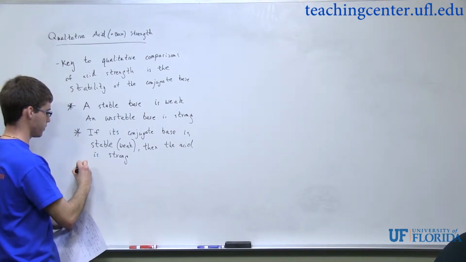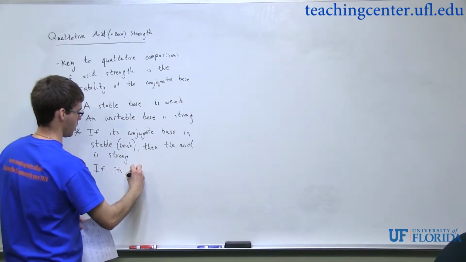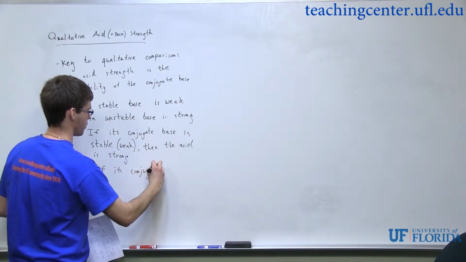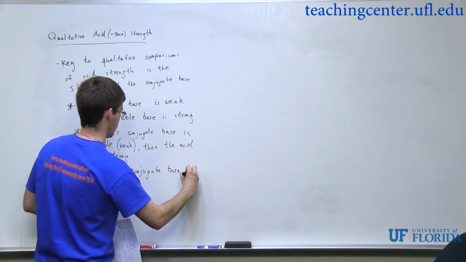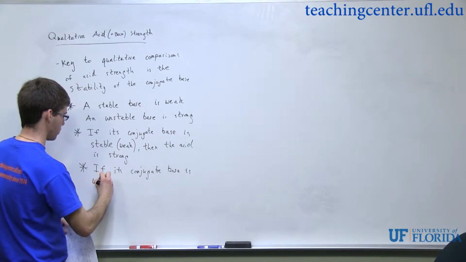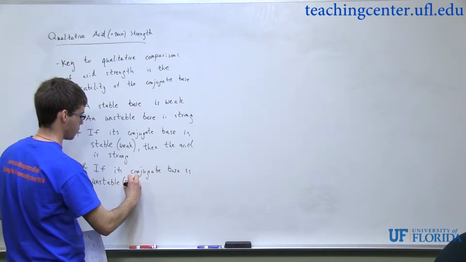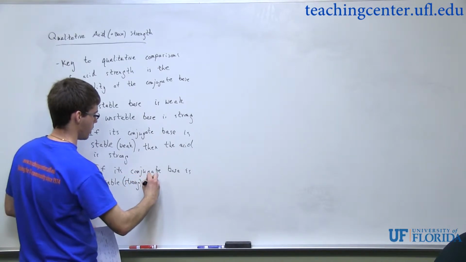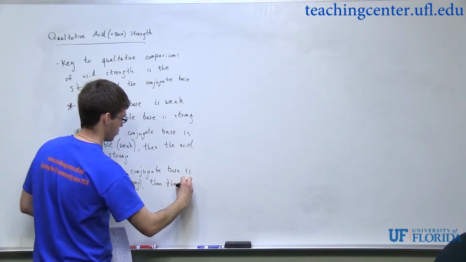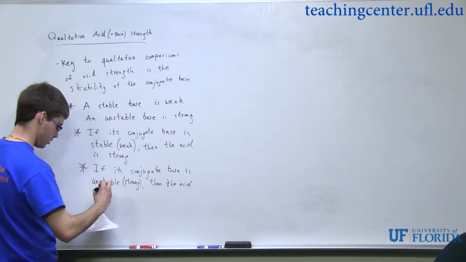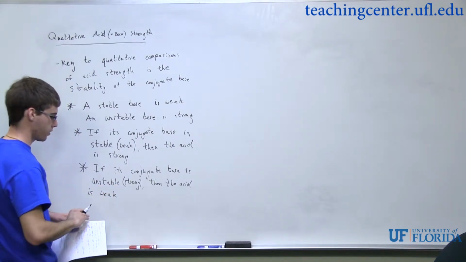Conversely, if its conjugate base is unstable, meaning that it is a strong base, then the acid is weak. Okay?